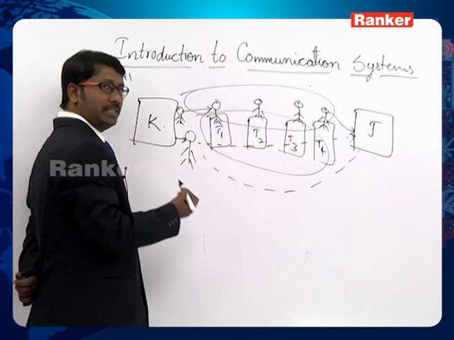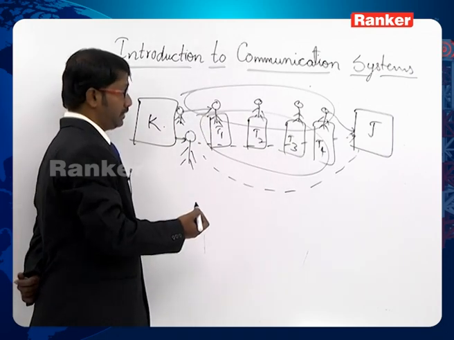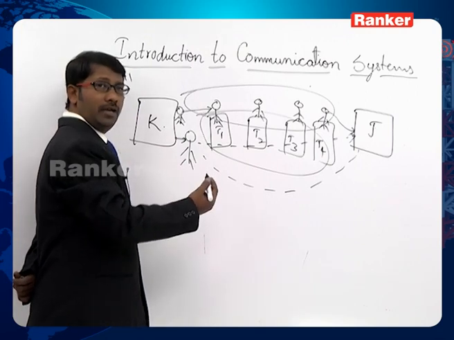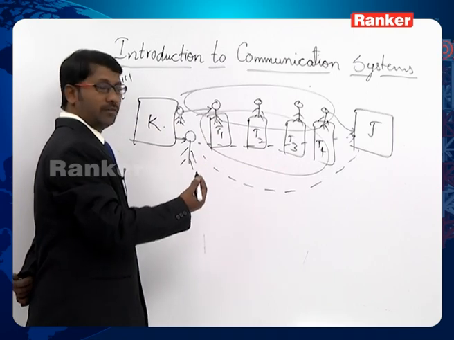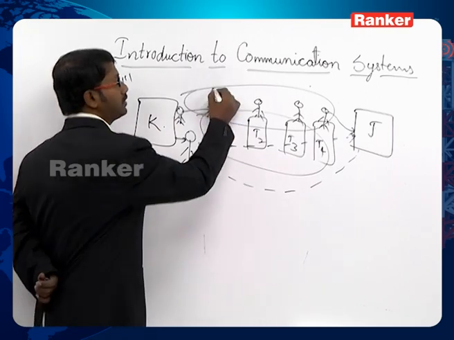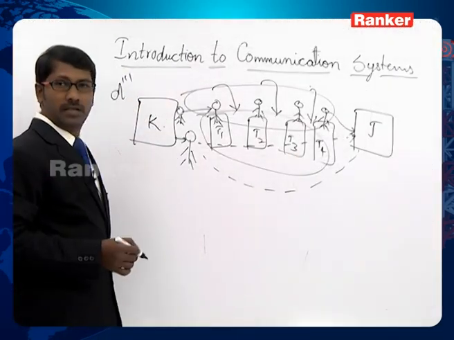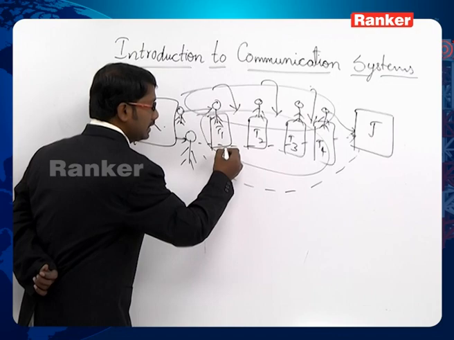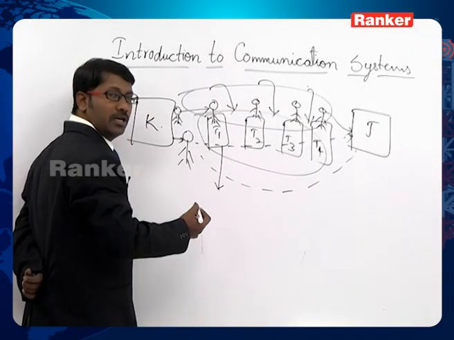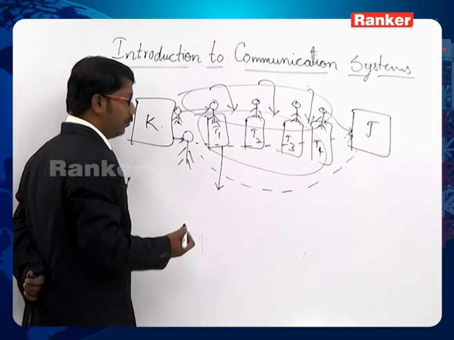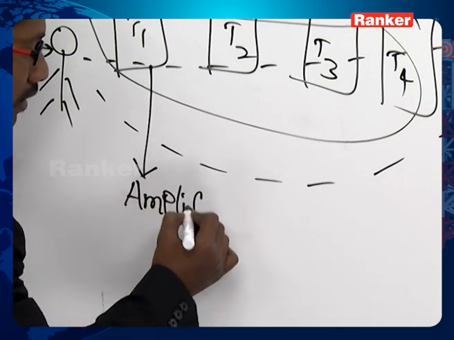Again, the problem with this kind of communication link is that there can be more distortion of the signal in the form of noise being added at every place. This is the model I have for a typical long distance communication system, which I would call an amplifier or simply a repeater.